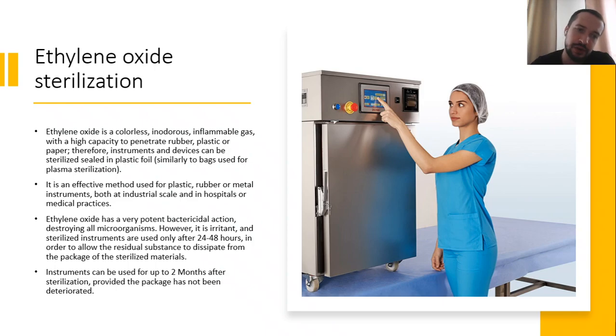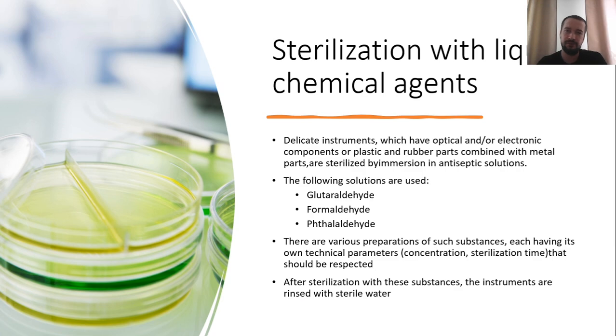Ethylene oxide has a very potent bactericidal action, destroying all microorganisms. However, it is irritant and sterile instruments are used only after 24 to 48 hours in order to allow the residual substance to dissipate from the package of the sterile materials. Instruments can be used for up to 2 months after sterilization, provided the package has not deteriorated.